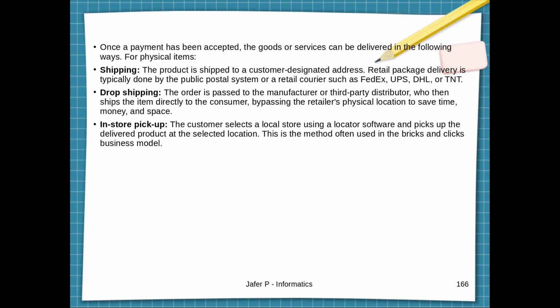Suppose I have a location near my house that I can select, so that the product vendors send the items to this local store, and from there I can collect them. So in-store pickup means that while placing the order itself, we select a location where we can go and bring the product.